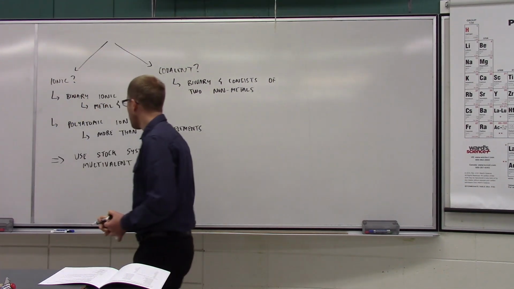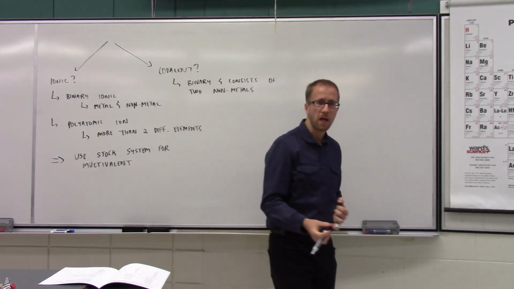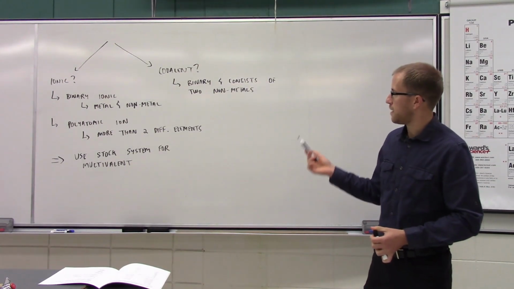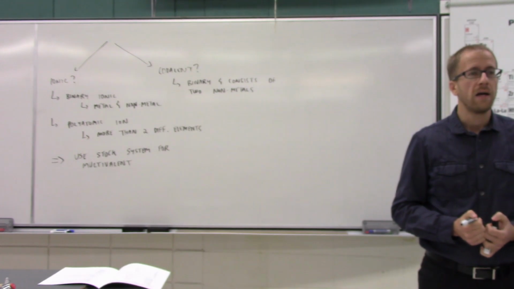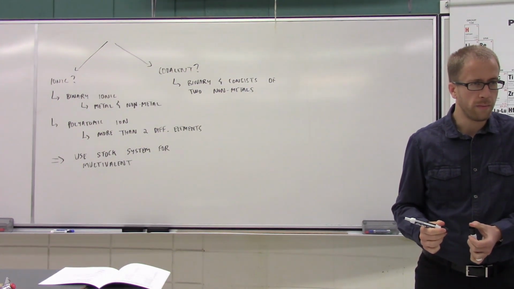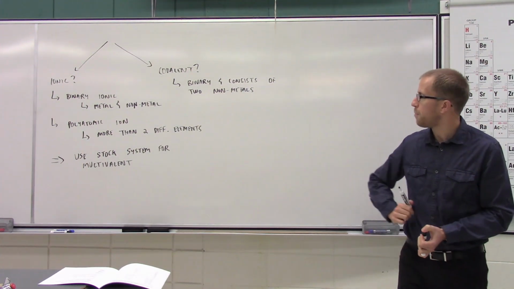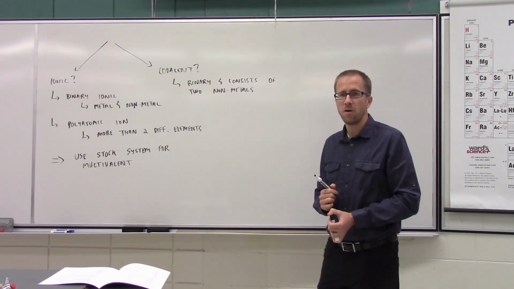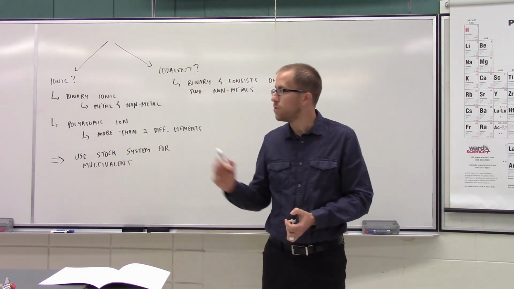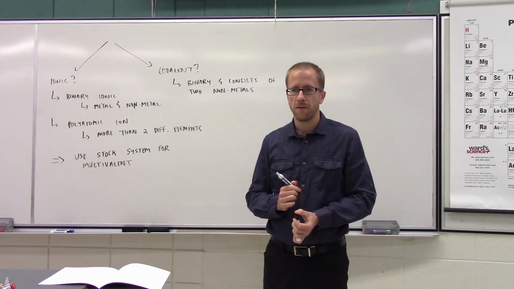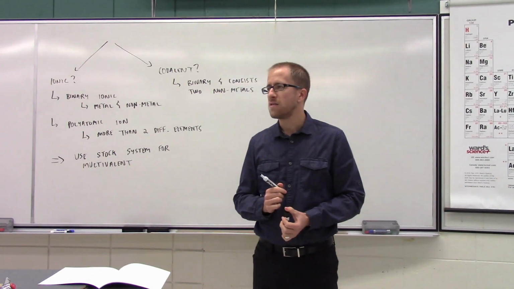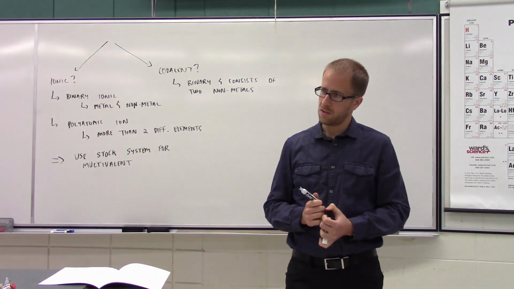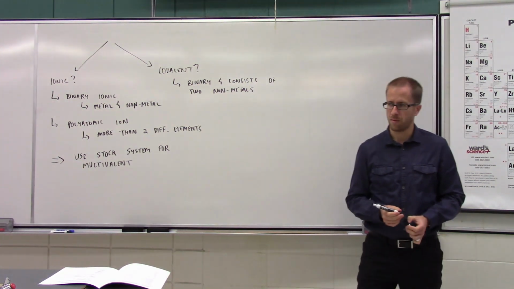Whenever you're given a compound name or formula, you need to ask yourself first, is it ionic or covalent? Because that completely changes how you address the problem, right? With covalent compounds, what are you going to be using that you don't use with ionic? If I was going to name a covalent compound, say it was C2H6, how would I name that compound?